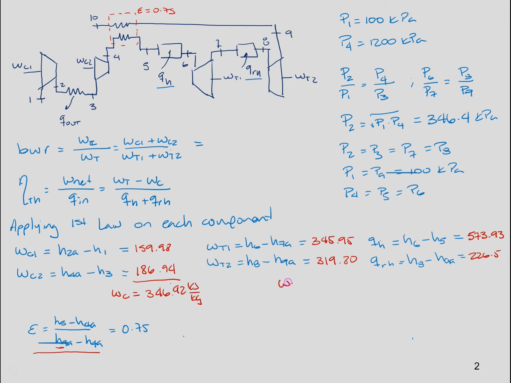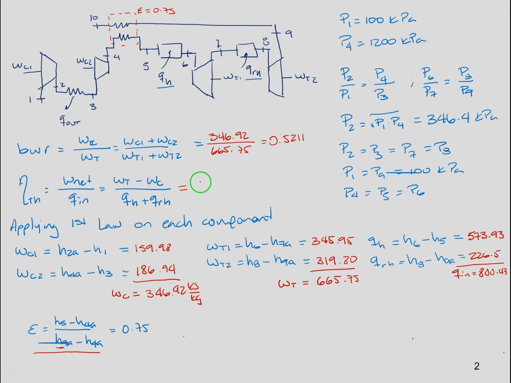We can also get the total turbine work to be 665.75, and the total value of Q in to be 800.43. So if we substitute in these expressions, we get that the back work ratio is 52.11.